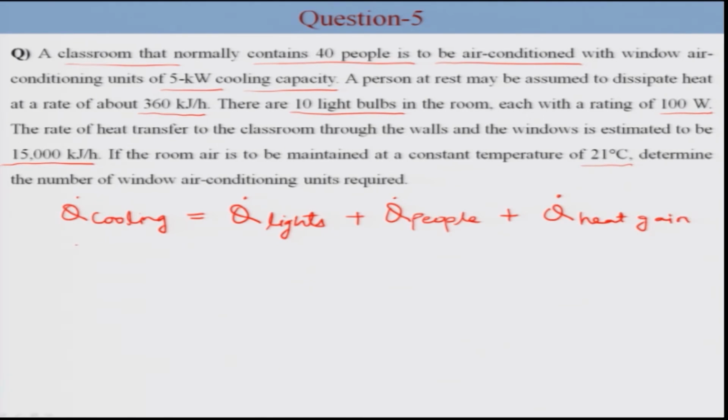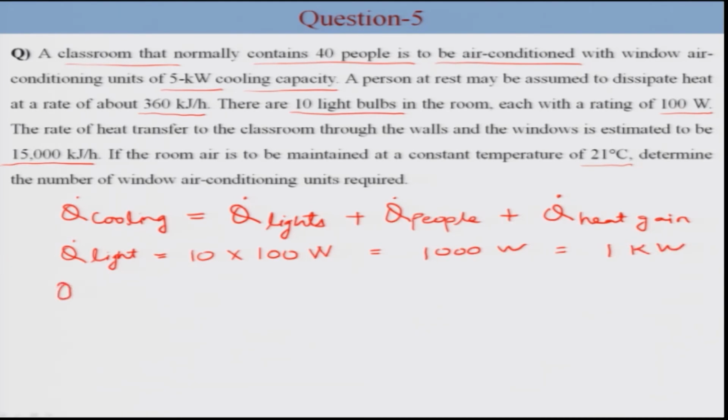So, because of light bulbs, there are 10 light bulbs, each consumes a power of 100 watts. So, this gives a total of 1000 watt, which is equivalent to 1 kilowatt.